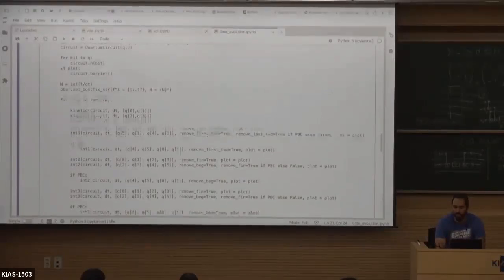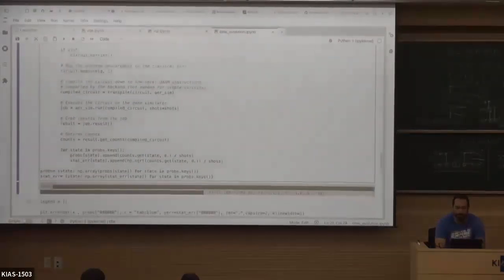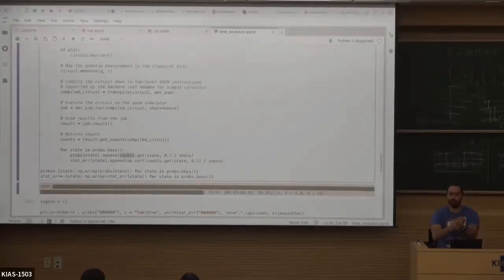As you can see here, I'm applying for every single time step. And basically at the end, I'm taking the counts, because since I'm doing shots, for example, let's say I'm only measuring the first qubit. For every shot, it will give me either 1 or 0. So I'm just going to take the mean value, okay? For the probability, that's the probability. So I'm basically taking the counts for the state that I'm looking for.